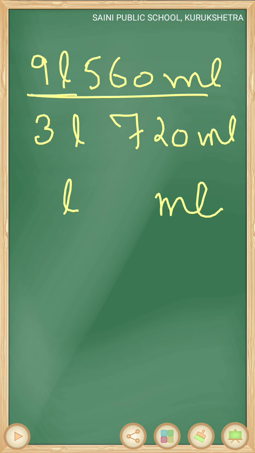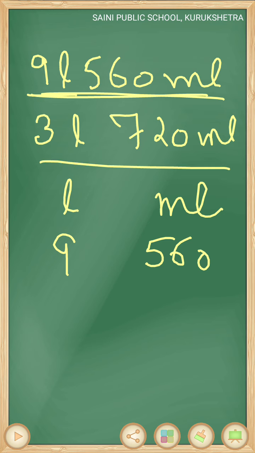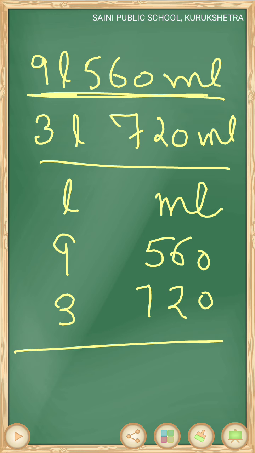The first number is 9 liter and 560 milliliter. Now write the second number, 3 liter 720 milliliter. Now put a plus sign here.